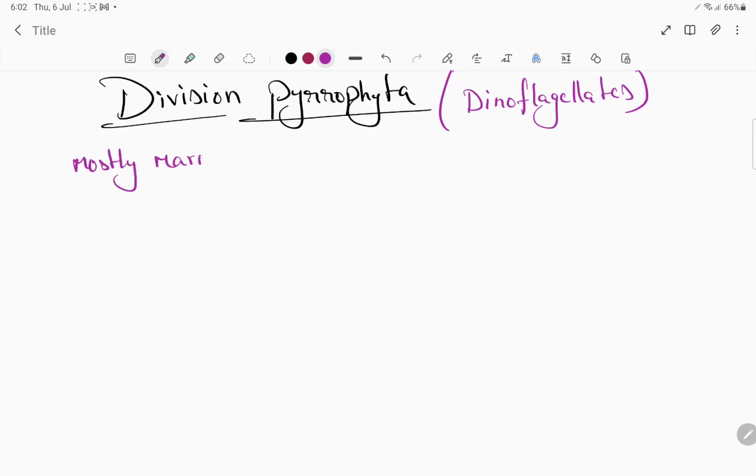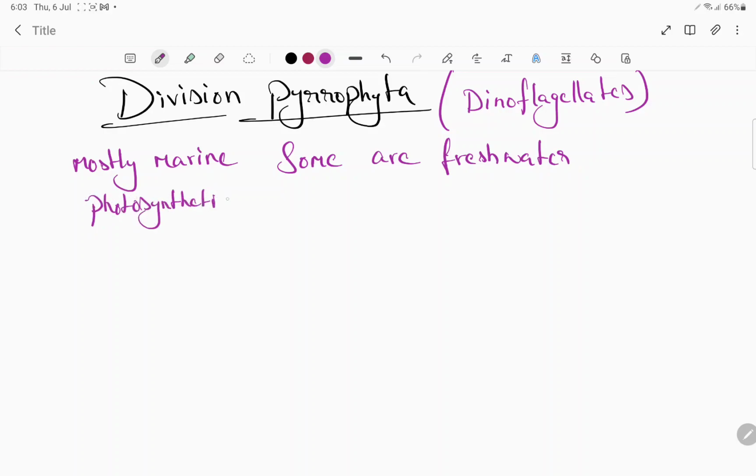The main mode of nutrition is photosynthetic, and we can also see saprophytic and parasitic.